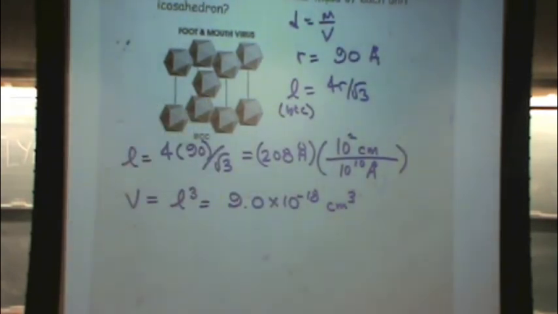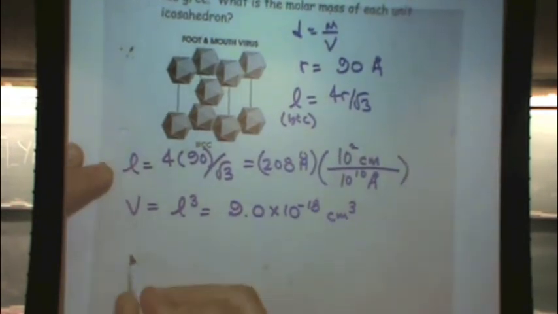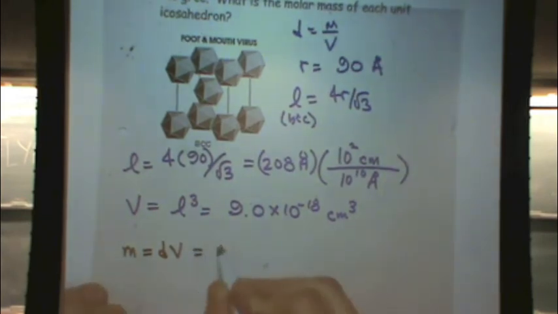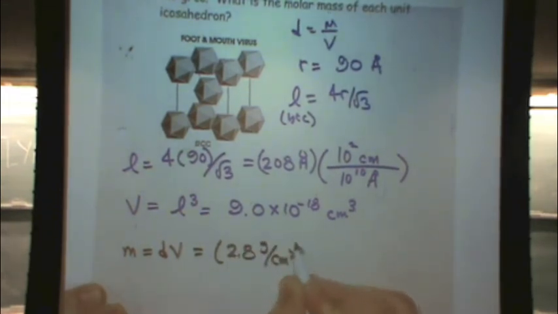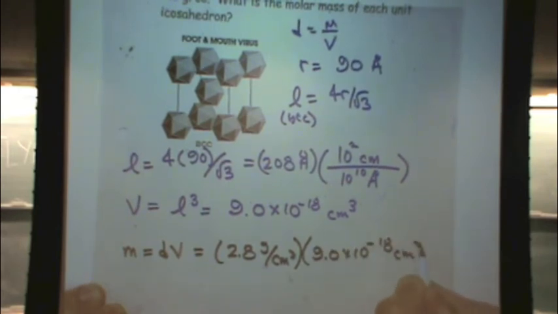I'll change colors here to black. If I take the formula up at the top, mass is density times volume. I want to solve for mass because inside mass is the molar mass. So density is 2.8 grams per centimeter cubed times the volume, 9.0 times 10 to the minus 18 centimeters cubed.